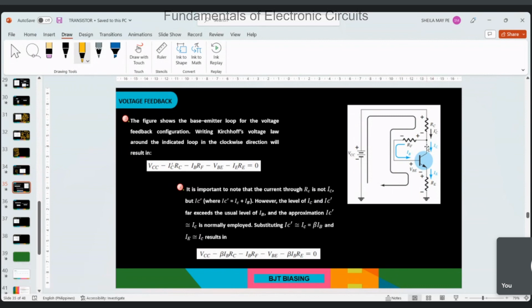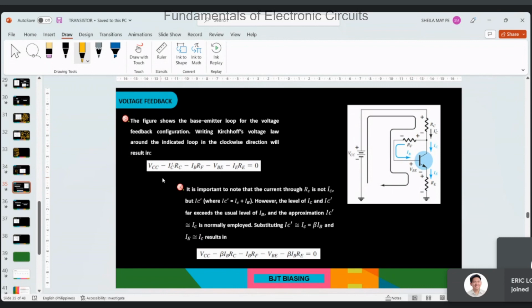That's the denotation of our IC. It hasn't entered the base yet, so it is IC bar first: VCC minus IC bar RC minus IBRF minus VBE minus IERE.